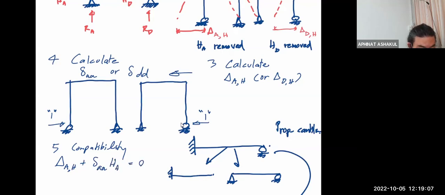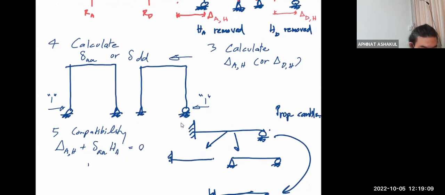Equal to 0. Or delta DH plus delta DD multiplied by HD equal to 0. Okay?